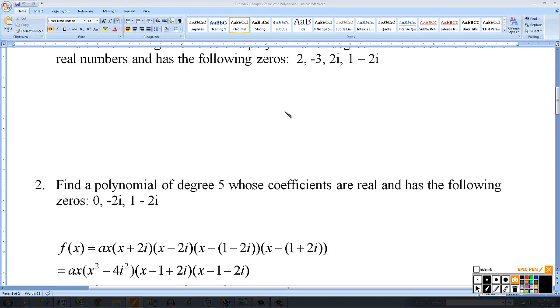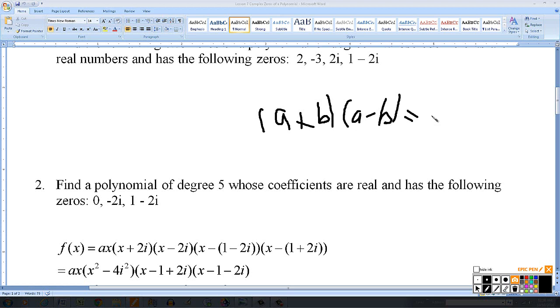Whenever you have, say, a plus b, parentheses, and a minus b, in other words, whenever I multiply two binomials, and I have the sum and the difference of the same two terms.